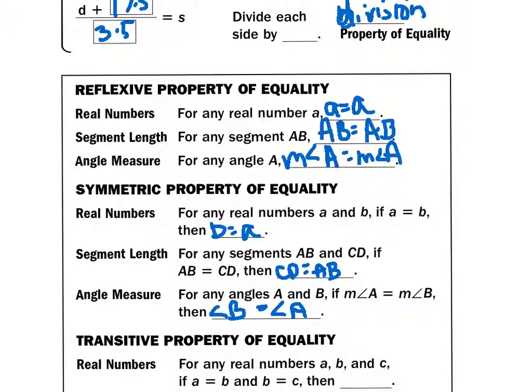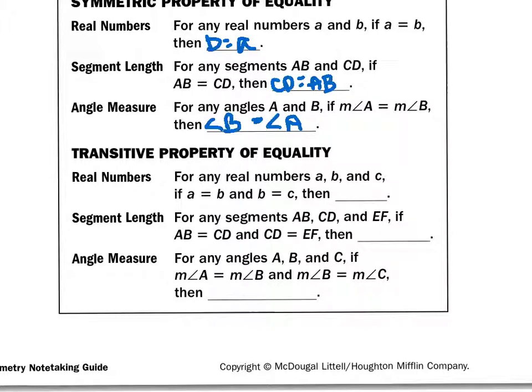Okay. Transitive. Transitive is like the law of syllogism from our last video, and I remember this one because it starts with tran and it's kind of like train.